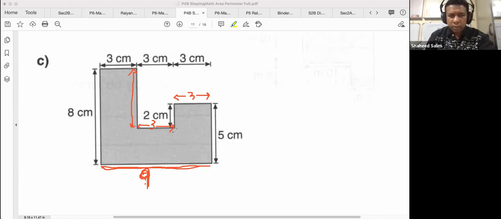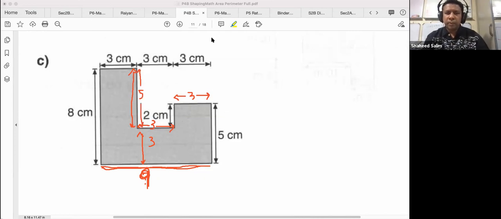And down here, this one is 2 cm, this is 5 cm. 5 minus 2 is 3. So this one is 3. Now, how to find this one? 8 minus 3. You get 5. From here to here is 5.